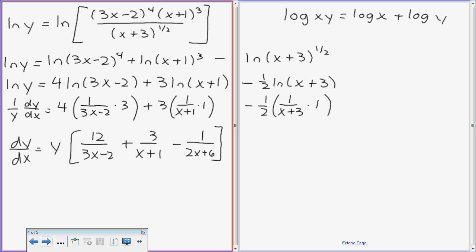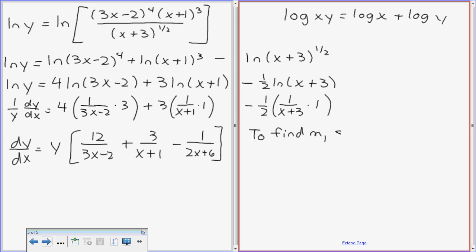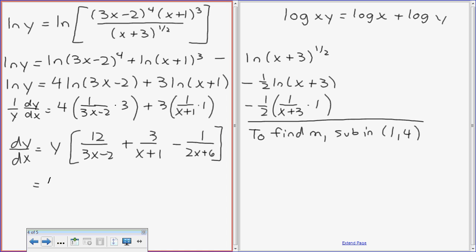So to find my slope, this is going to turn into 4 times 12 over 1 plus 3 over 2, plus, sorry, minus 1 over 10, is that right? No, 1 over 8.